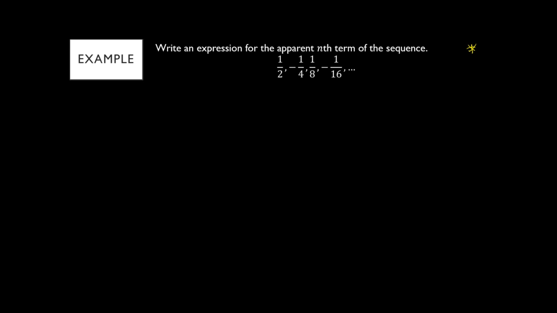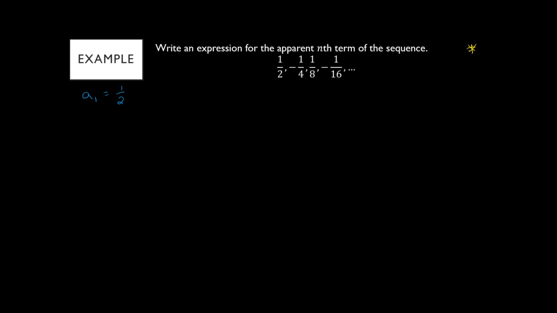The nice thing is that you are usually given the first term. Terms are denoted by a, so the first term we know is 1/2. Trying to come up with an expression is all about finding the pattern.